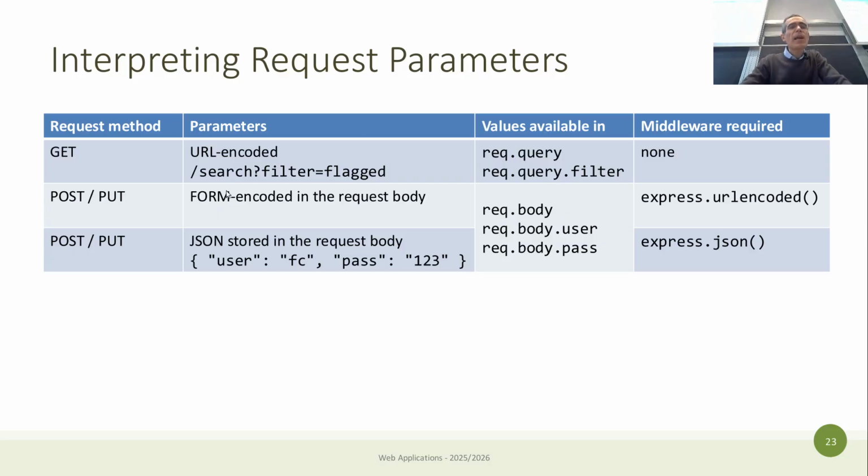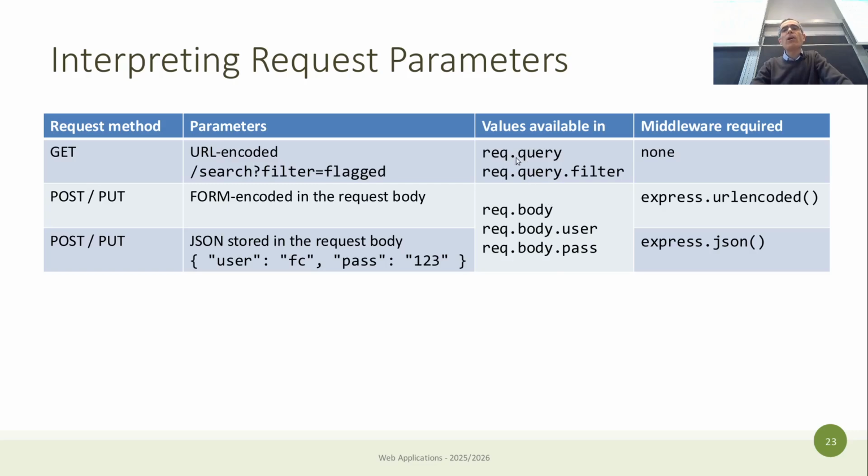And this can be encoded both in the body and in the URL. It depends on how we design the APIs, which is the topic that we are going to address in a few minutes, okay? But what I want to tell you is that if you use the standard ways of encoding these parameters, either in the body or in the URL, Express already extracts them for you, okay?